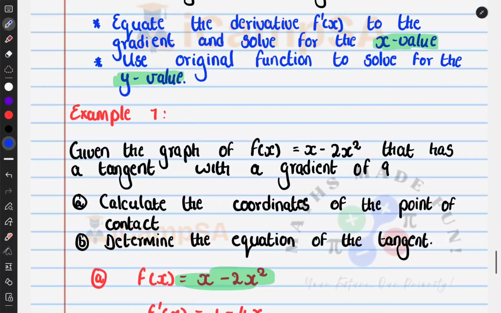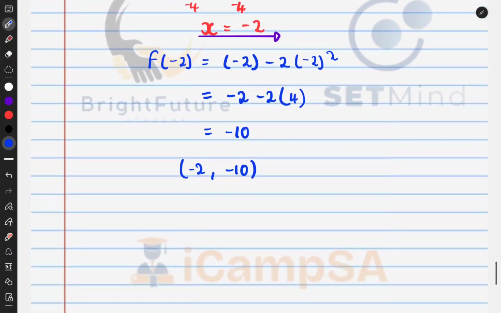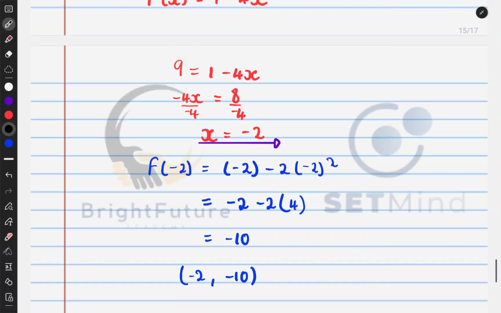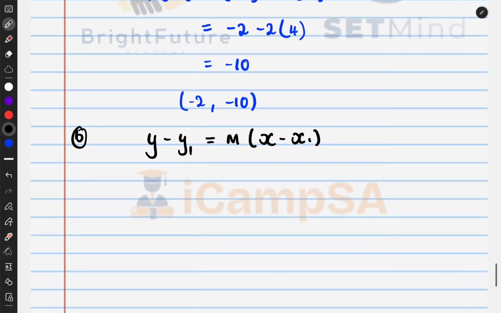And then next, determine the equation of the tangent. We already have the gradient, which is 9, and we have the coordinates of the point, which is minus 2 and minus 10. So for B, we can use that equation of a tangent, y minus y1 is equal to m into x minus x1. Let's substitute: y minus negative 10 is equal to, what is our gradient?